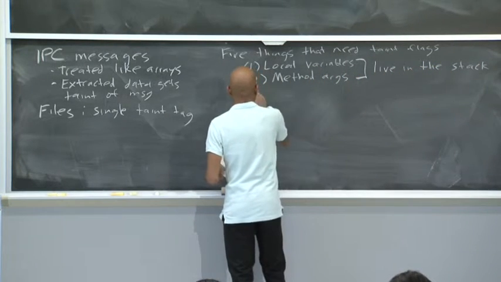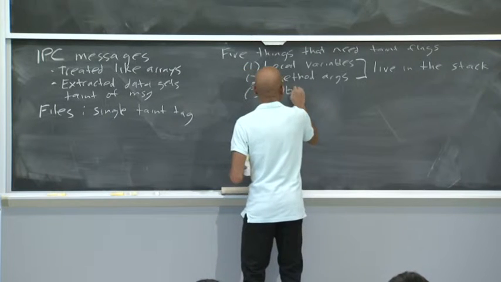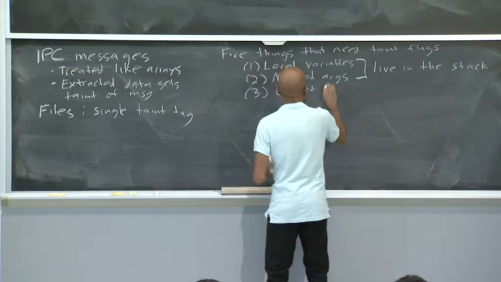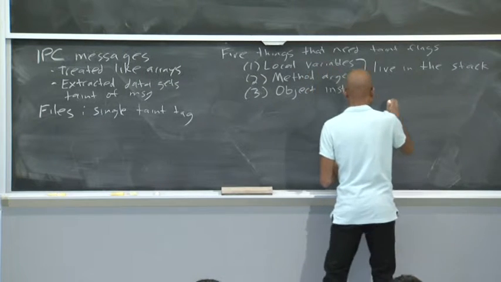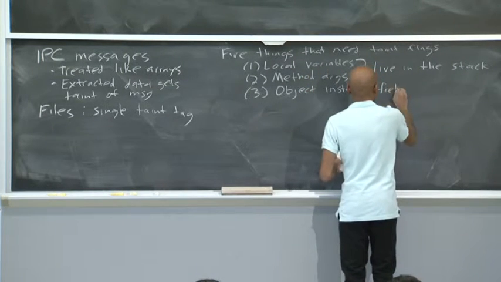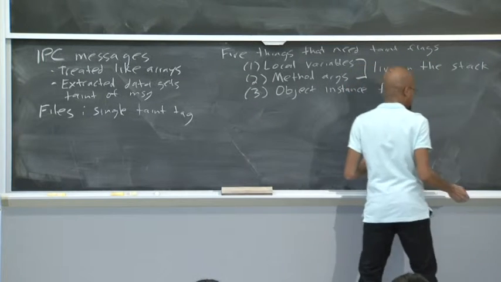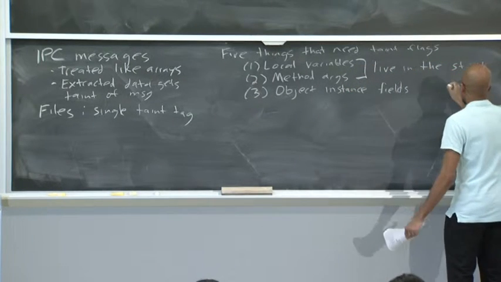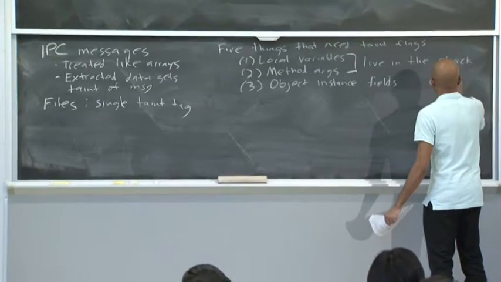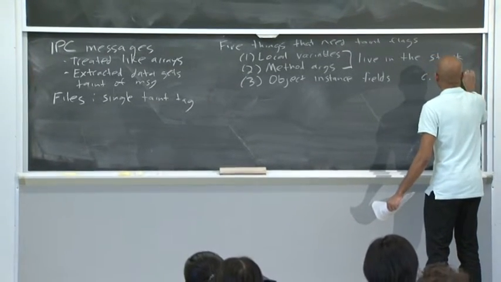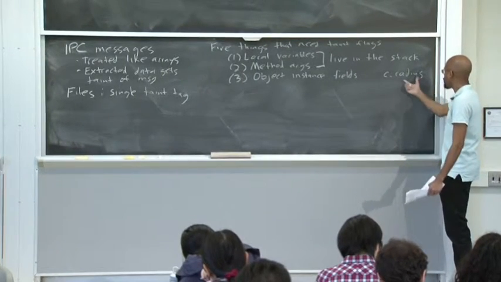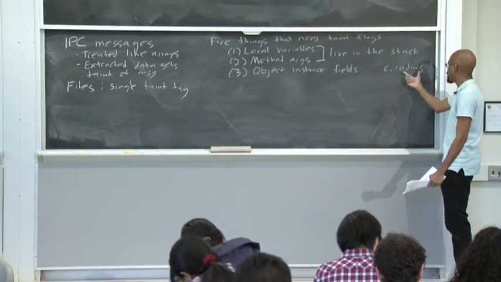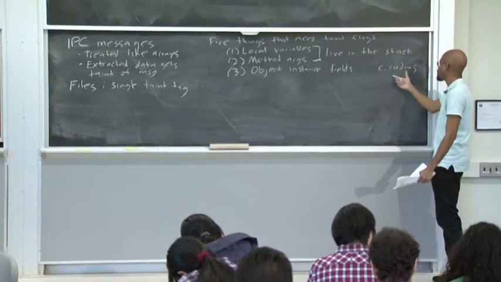Also, we need to assign flags to object instance fields. Imagine that I have some object called C. It's a circle, so of course the popular thing to do is look at its radius. So here's a field here, and we have to associate taint information with each one of these fields.